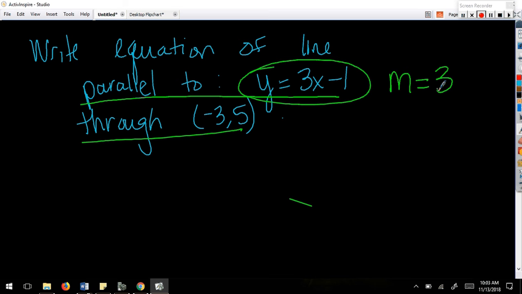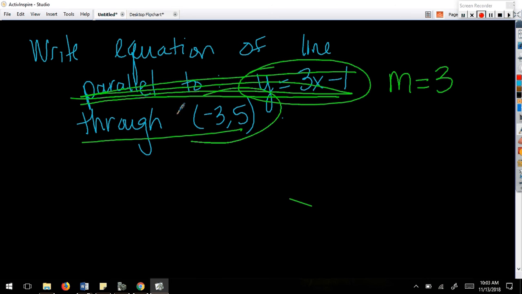Parallel is exactly the same. So let's write the equation of a line with a slope of 3 and through the point negative 3, 5. All I needed from all those words in that equation was the slope.